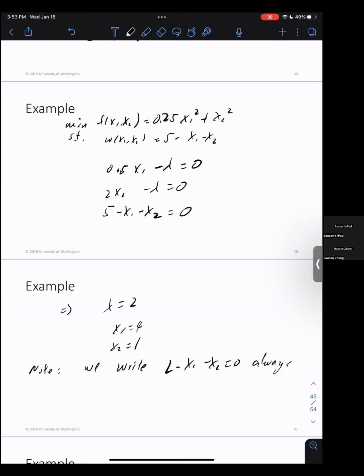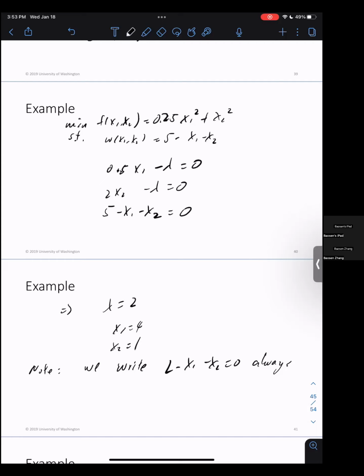One thing to remember is that your computer doesn't solve the problem this way. You can type this into a solver, and many solvers will solve this problem, but your computer does something else. This is conceptually how we think about it.